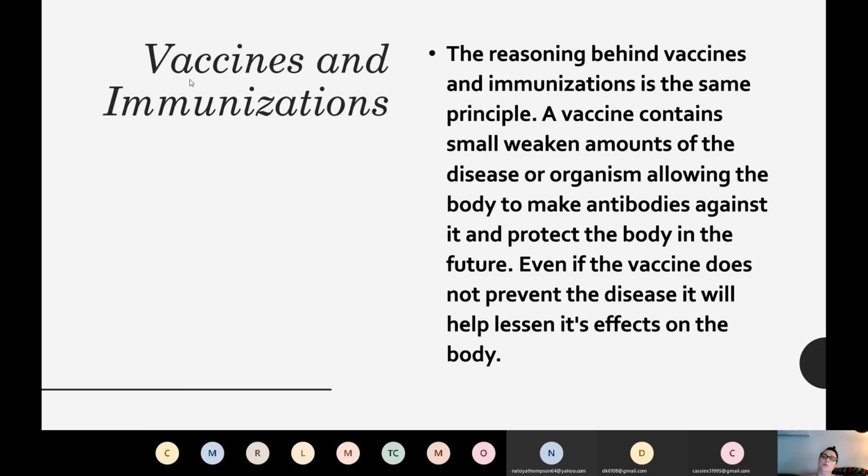Now, this is something you may or may not be familiar with. A vaccine is an immunization. It's the same principle, and let's just keep it simple for now. A vaccine contains a weakened amount of the disease or the organism. There are different kinds.